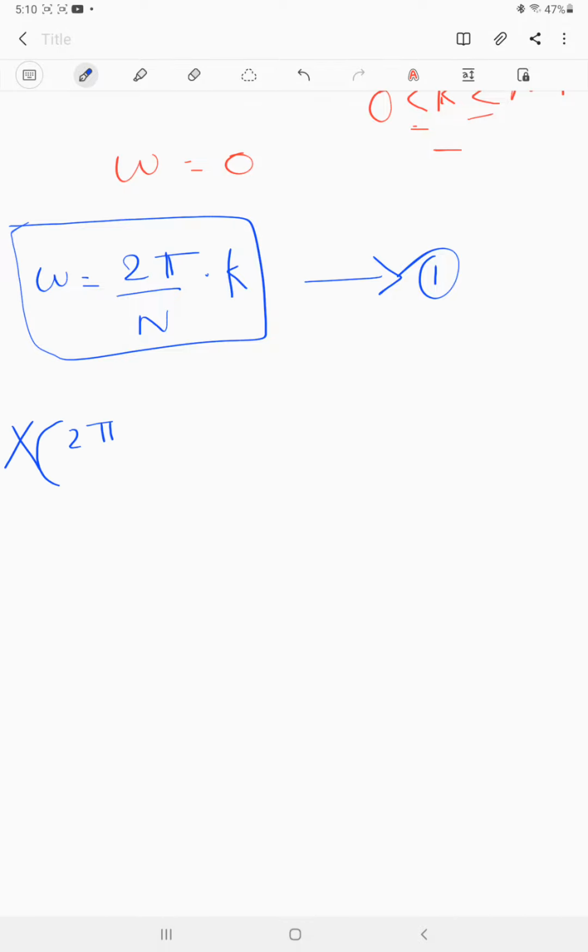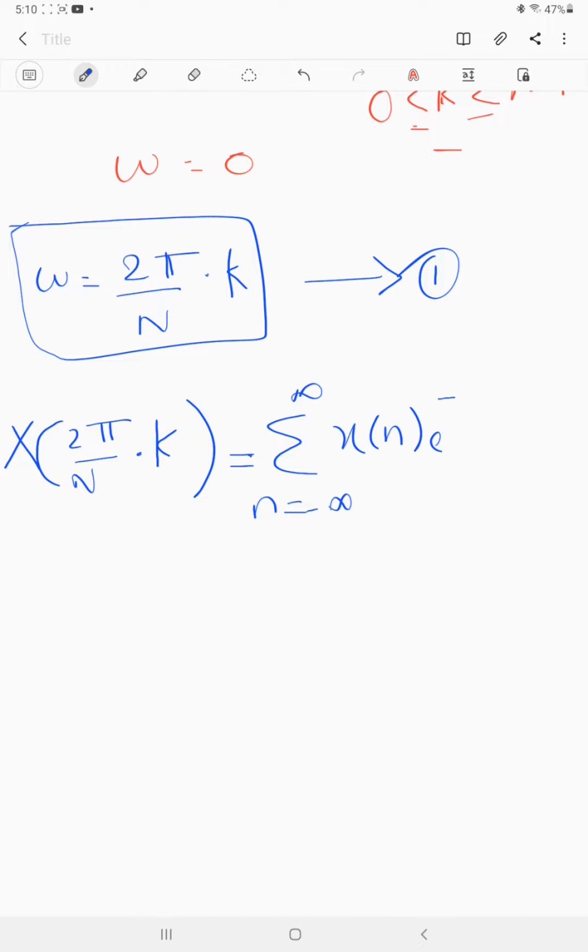X of 2 pi by n into k is equal to the summation from n equal to minus infinity to infinity of x of n e to the power of minus j 2 pi by n into kn, where k ranges from 0 to n minus 1.